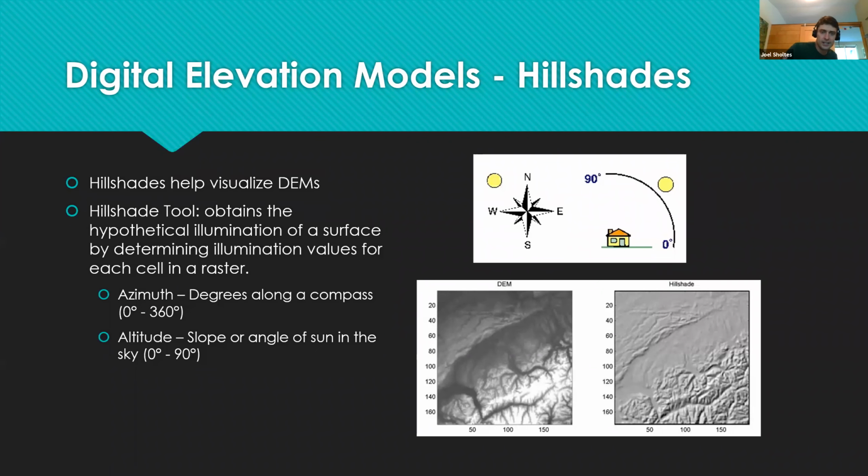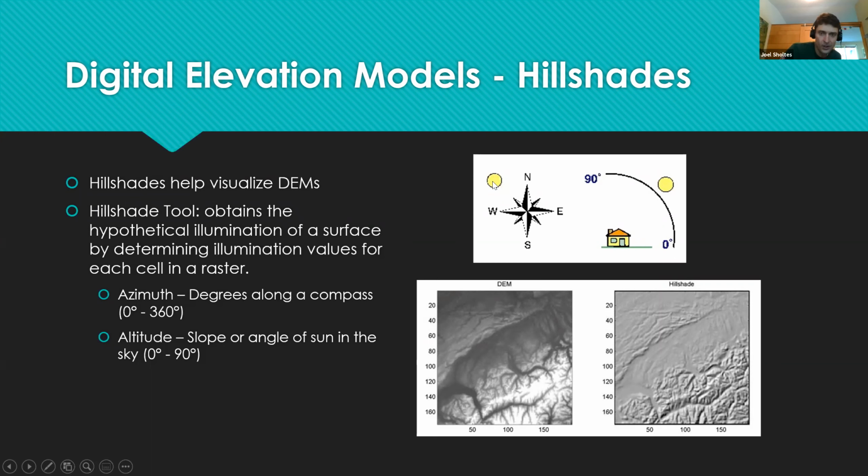Hillshade images, like I said, are ways to visualize digital elevation models. There's a tool that will allow you to create a hillshade. And it's basically a hypothetical illumination of a surface. And so the hillshade tool allows you to specify the azimuth, or degrees along a compass that the sun is shining on.